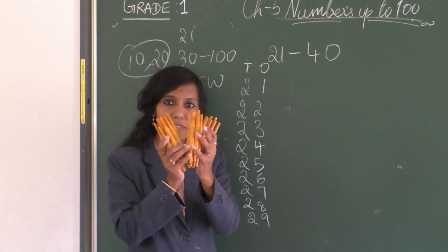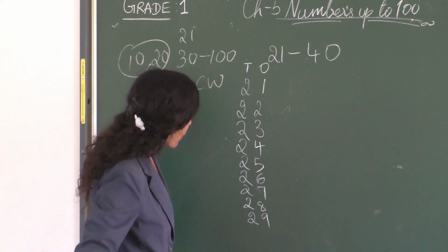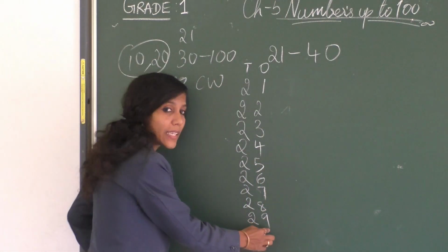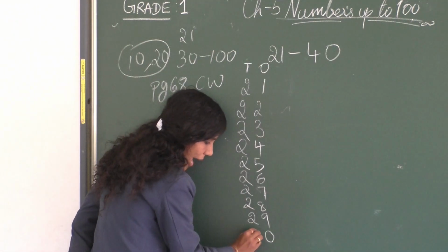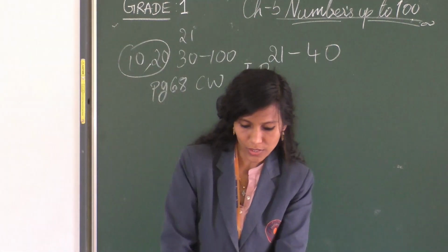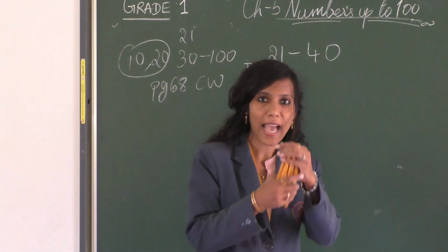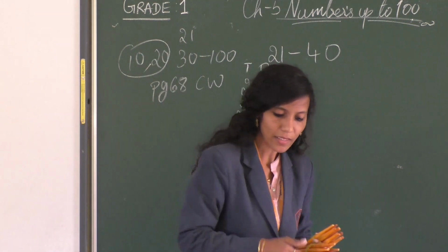So how many bundles of 10 do we have now? 3. So how do we write? Instead of 9, ones will become 0 and the tens position will have 3. Look, we have a bundle of 10, another bundle of 10.